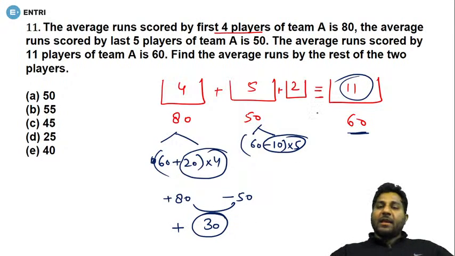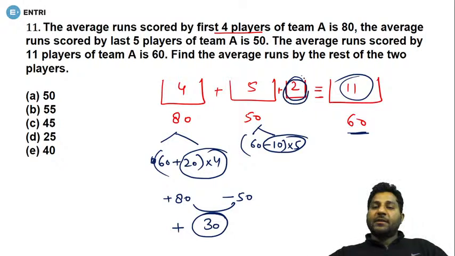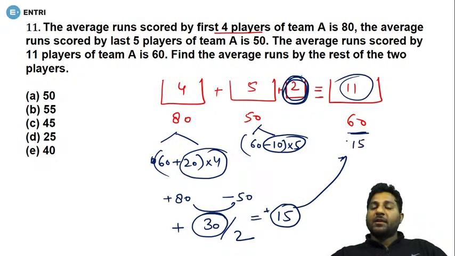If we need to find the average of these two values, we will divide it by 2. That means the whole average will be more by 15. If this value is in plus, then we will subtract it from the right side value, and if this value were less, or you can say negative, we would have added it. So this answer is 45.